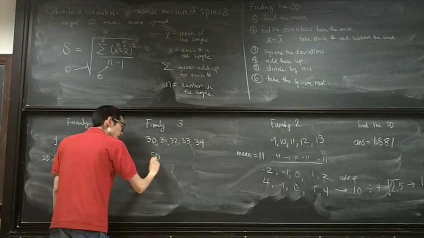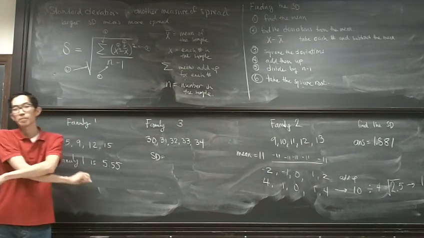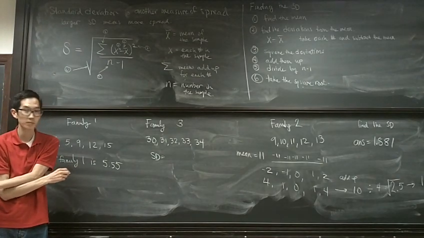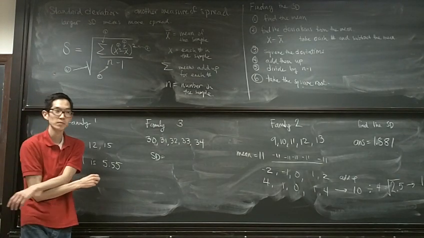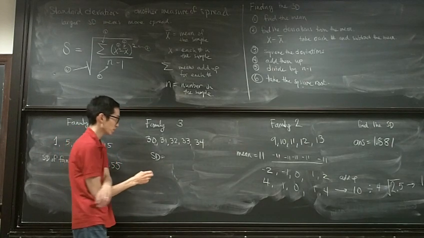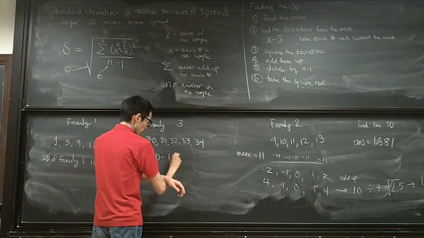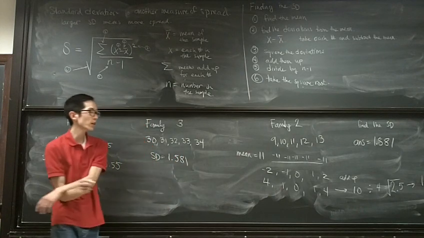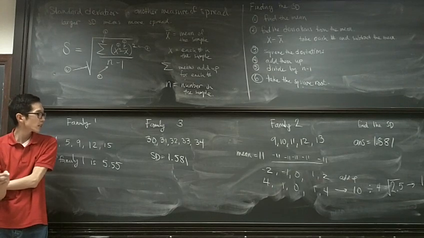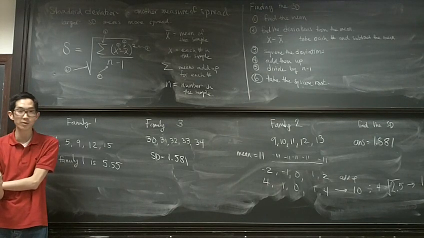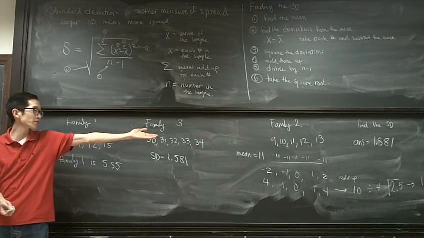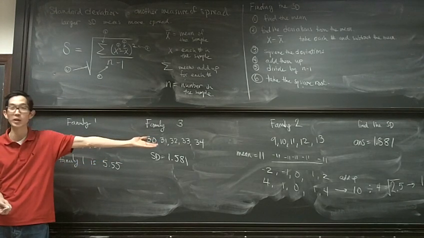What's the standard deviation of ages in this family? Do we know? Is it 1.5? No. It is 1.581, okay? So in family 3, they got 5 kids. The ages are 30, 31, 32, 33, 34.